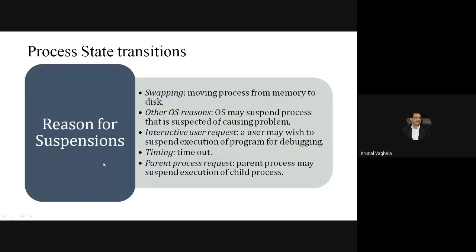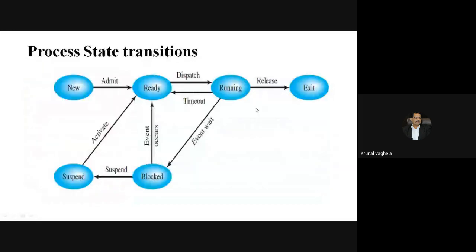Reasons for suspension. Why will the process get suspended, either by the user or by the operating system? Reason number one, swapping, moving a process from memory to disk. Sometimes there will not be enough memory to run the process.